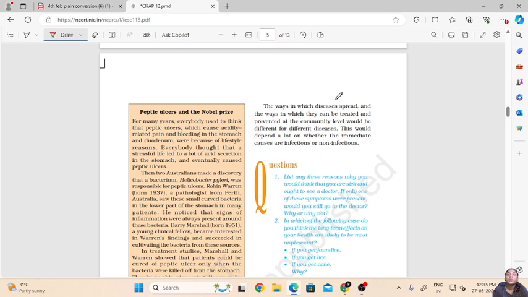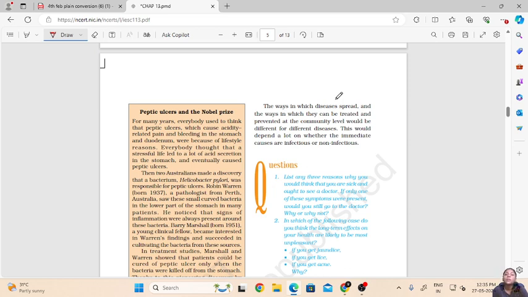If it is an infectious disease, it will spread from person to person when the microbes spread. Then the ways in which they can be treated: the infectious disease and the non-infectious disease will have to be treated differently. Similarly, acute diseases and chronic diseases will also have to be treated differently.